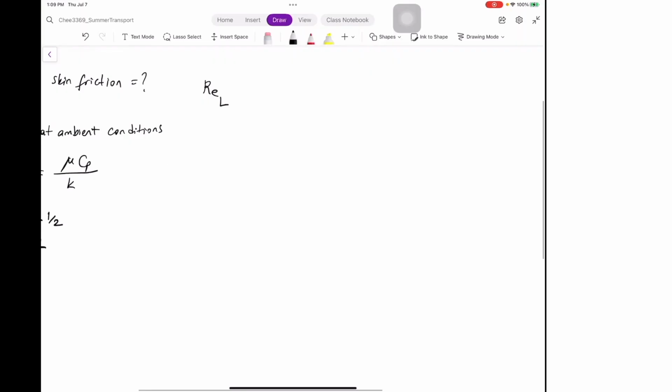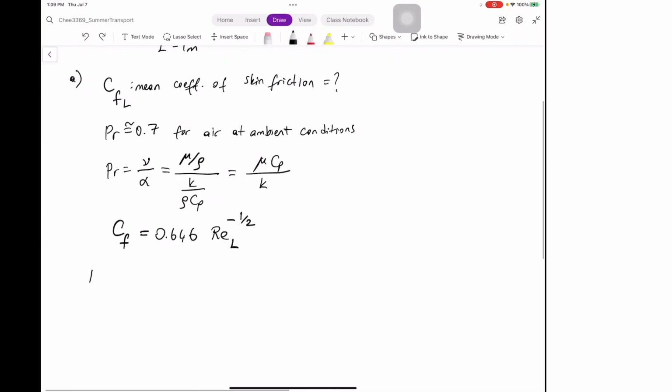Reynolds number L is V infinity L over nu for the air. You should check the properties of the air.